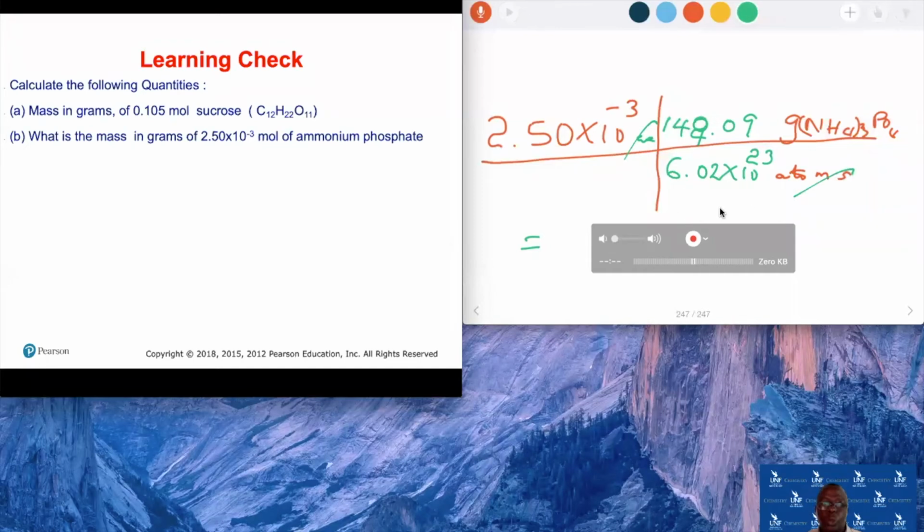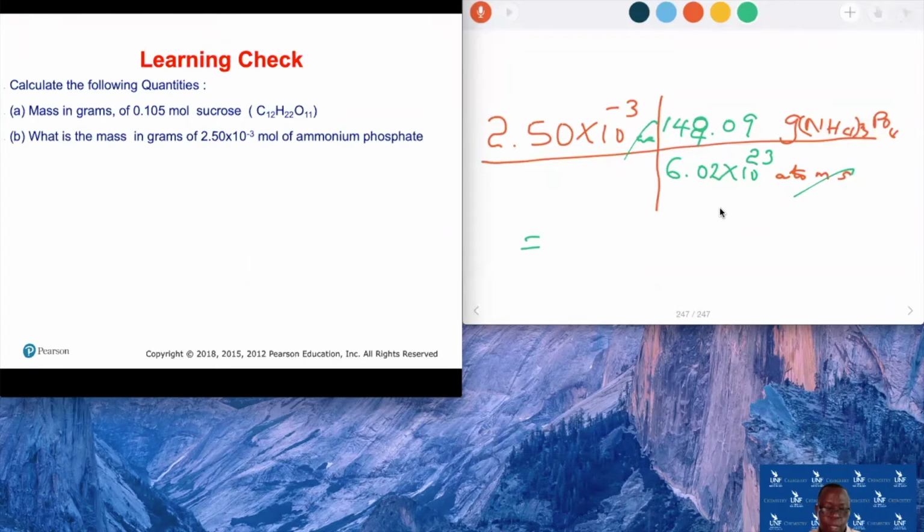So 2.50 times 10 raised to -3. All right, let's all do it together and see, times 149.09, divided by the Avogadro number, 6.02 times 10 raised to 23.